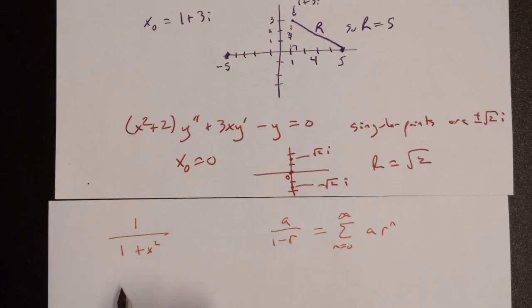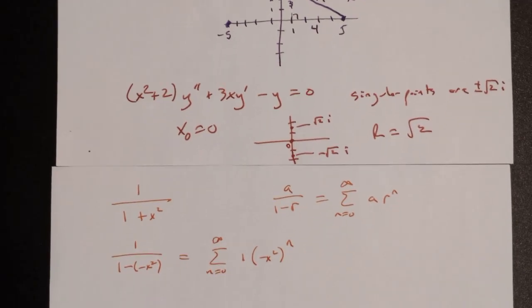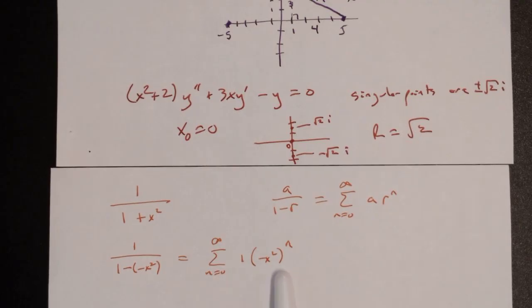If I think of this as 1 over 1 minus r squared, then I can write this as a geometric series, 1 minus x squared to the n, n goes from 0 to infinity. But a geometric series only converges when the ratio is less than 1. There's the ratio. That's our r.